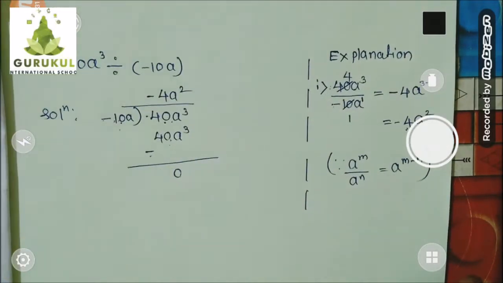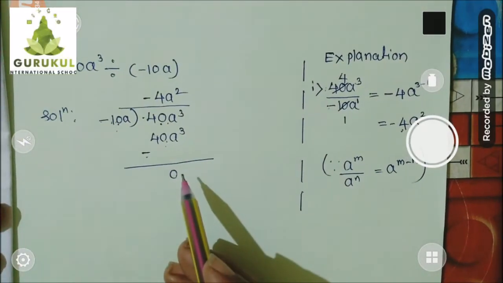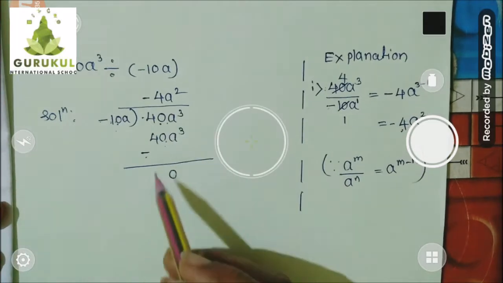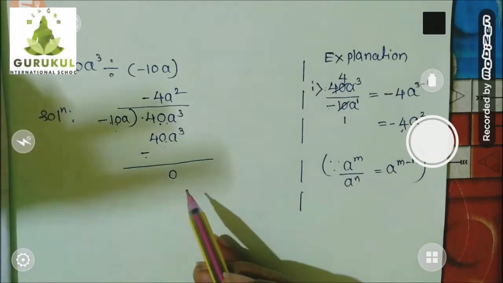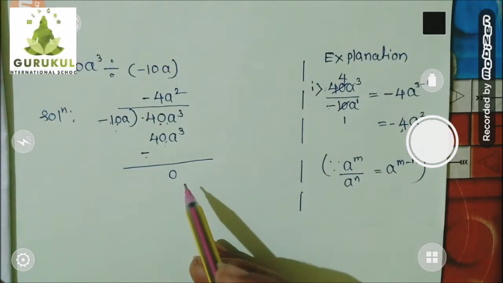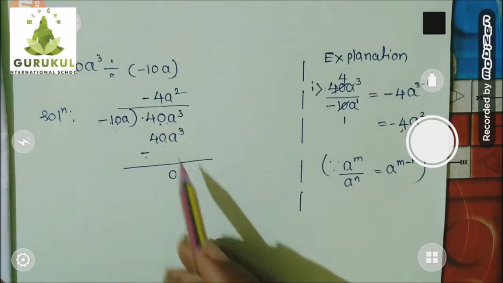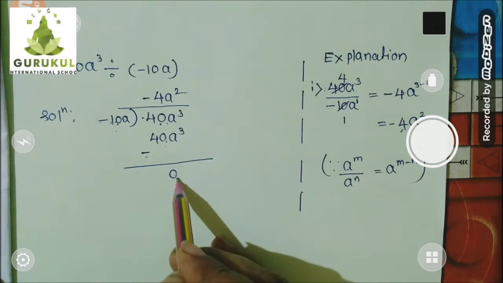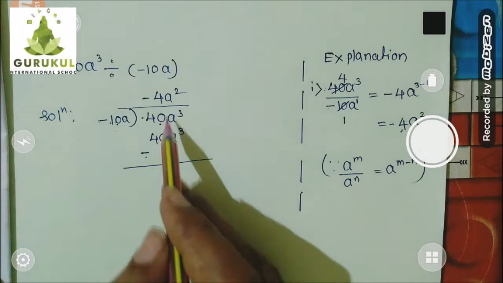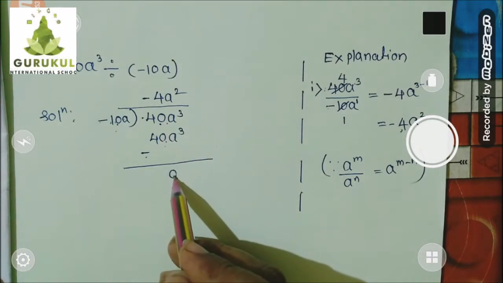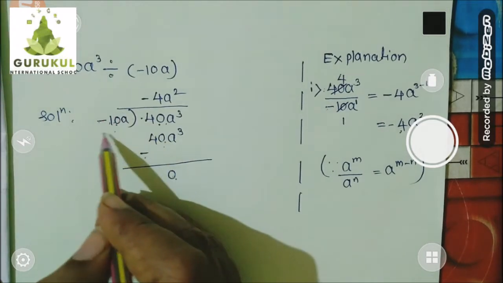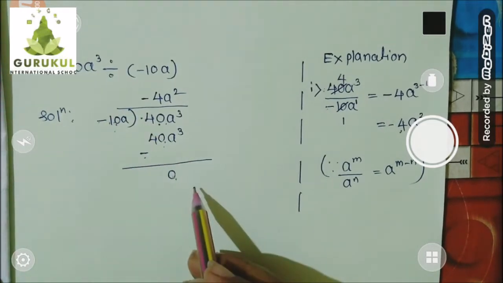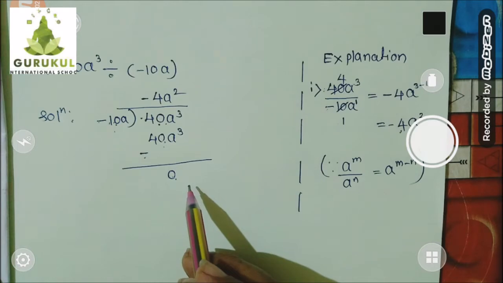Children, one more thing I want to tell you. See, in this kind of division, when to stop the division process? There are two conditions. In one condition, either you will get remainder 0, or in the second condition, whatever remainder you get, if the degree of that remainder is less than the degree of the divisor, in that situation also you have to stop the division.